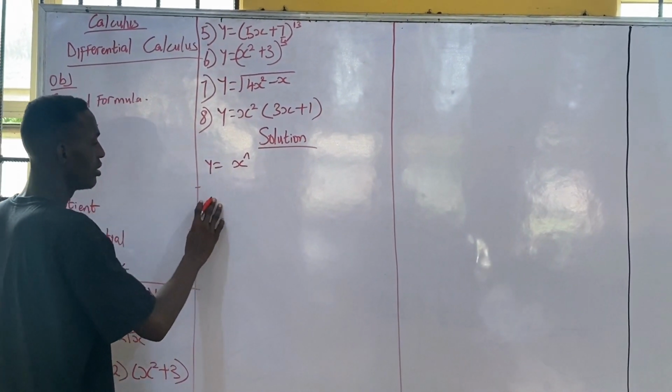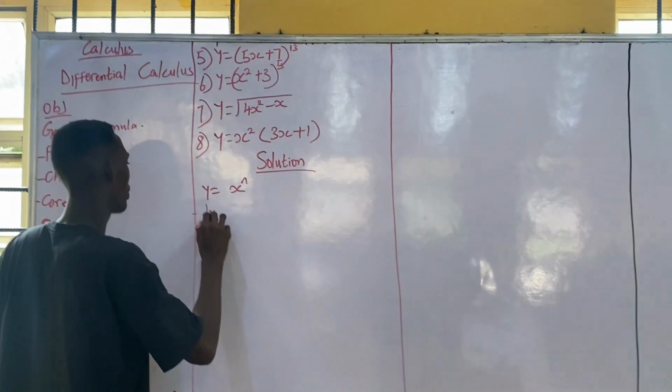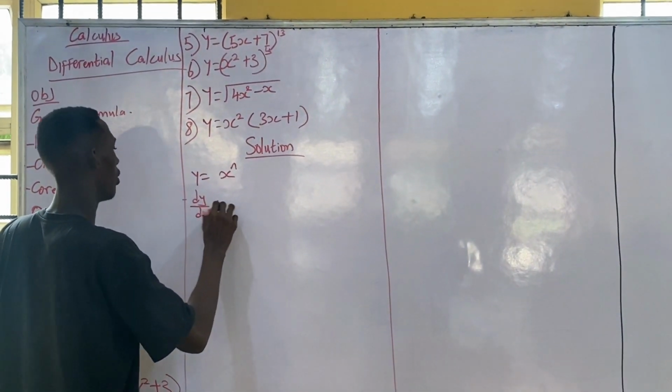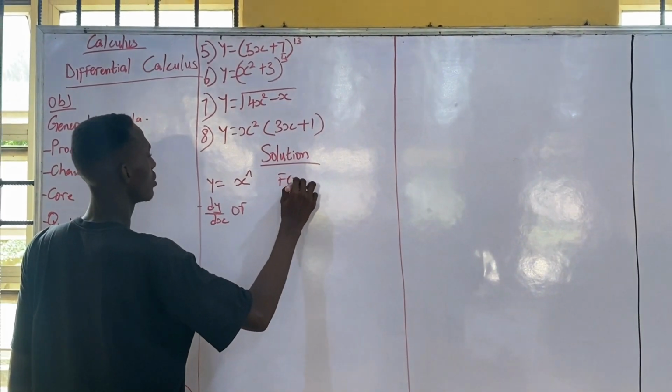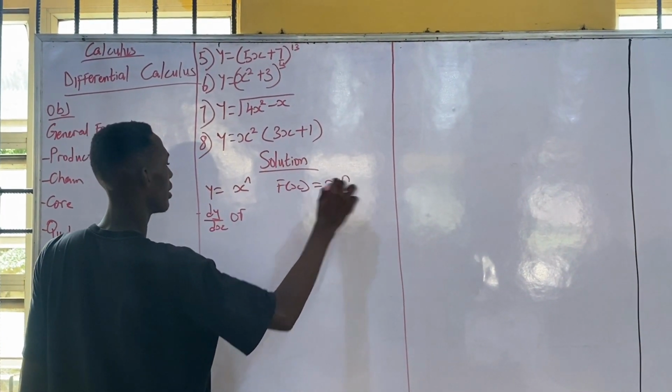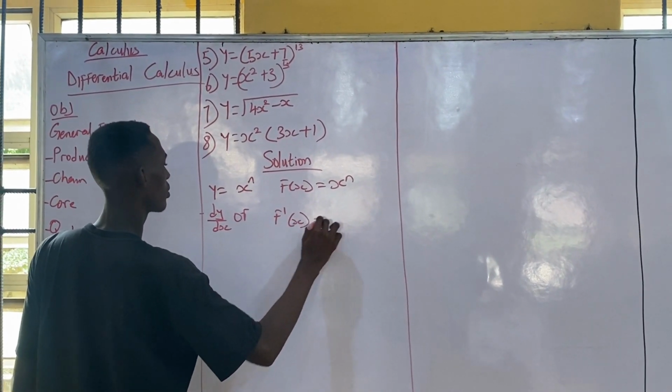Depending on the material you are using or the textbook, sometimes they might tell you dy over dx, or if it happens to be a function, f(x) is equal to x to the power of n, then f'(x) is equal to what?